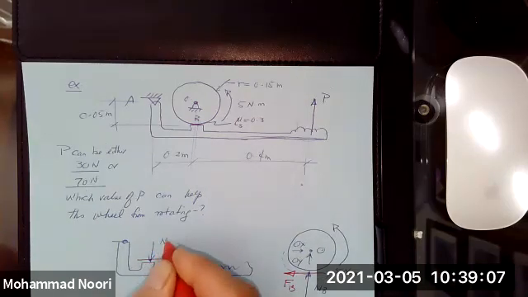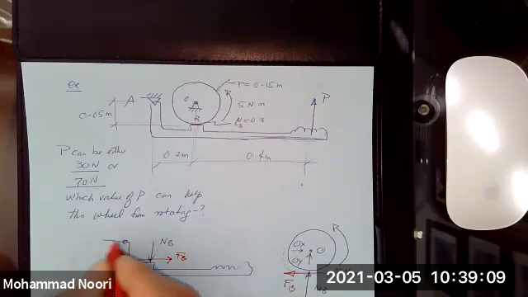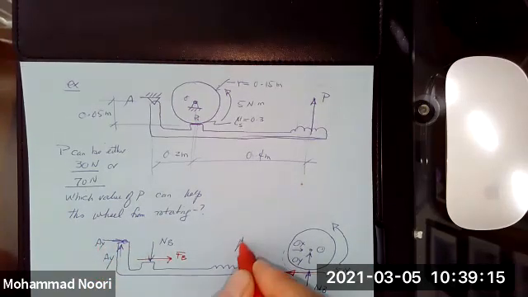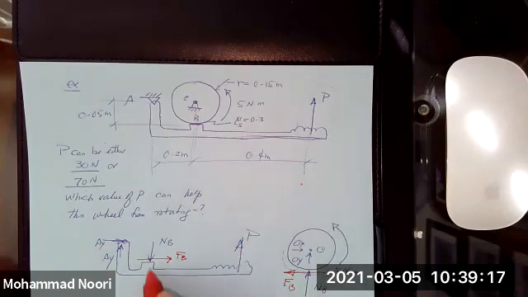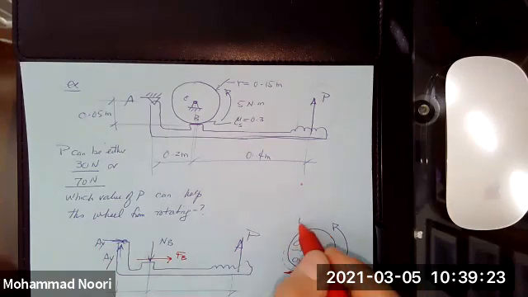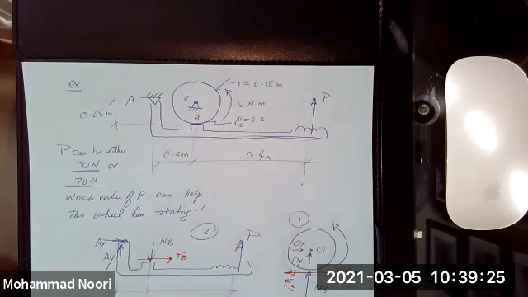Same thing with NB. You have these two unknowns, AX, AY, and then this force P that you want to find. So these are the two free body diagrams.